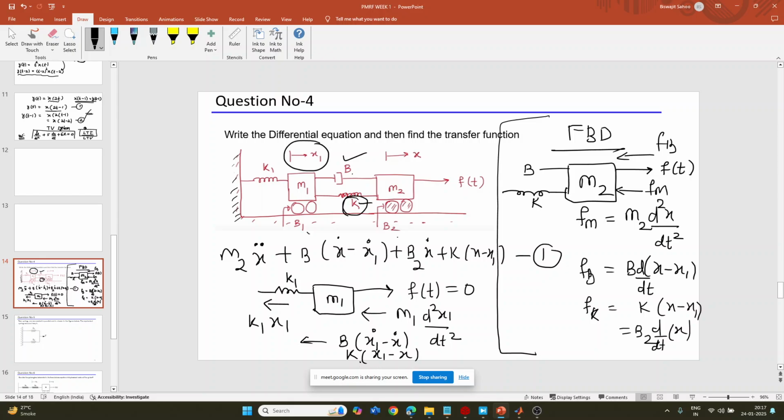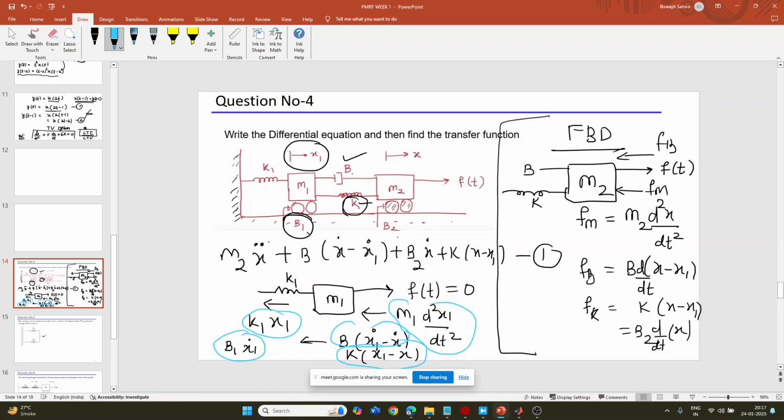Another force also there because of this B1, so you can write B1, and this should be only x1, so x1 dot. So these are the different forces. Let me circle them. These are the different forces which are acting on the body m1.